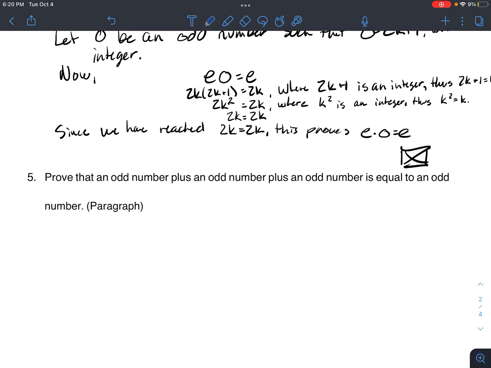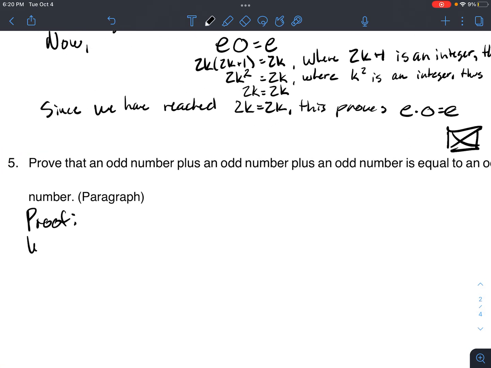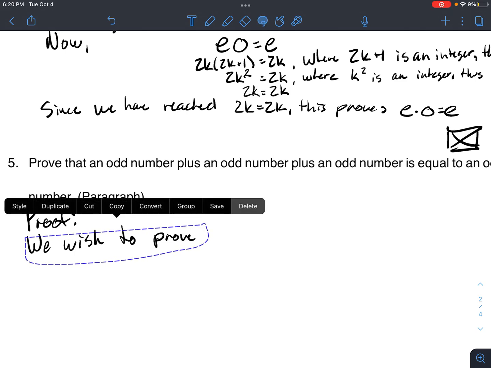So let's start with black. So proof. How should we start? I'm going to say we wish to prove... No, let's restart this.